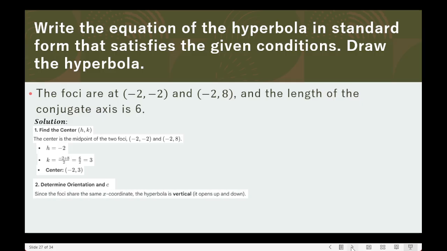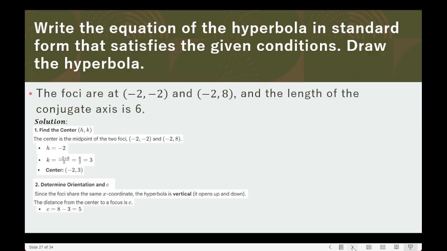Since the foci share the same x coordinates, the hyperbola is vertical, so it opens up and down. The distance from the center to a focus is denoted by c.